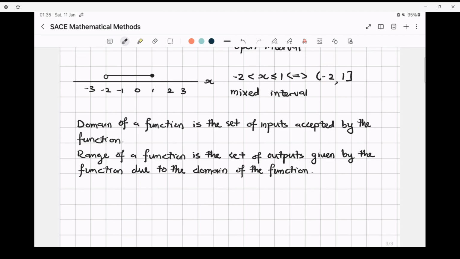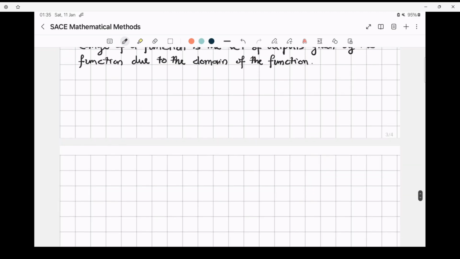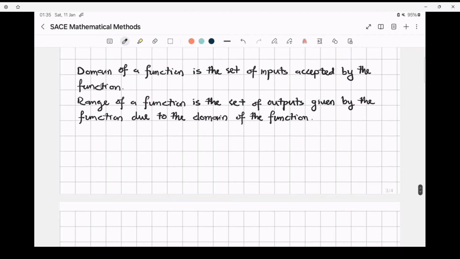So one of the very important skills is to identify the domain and the range of a given function or a given curve.